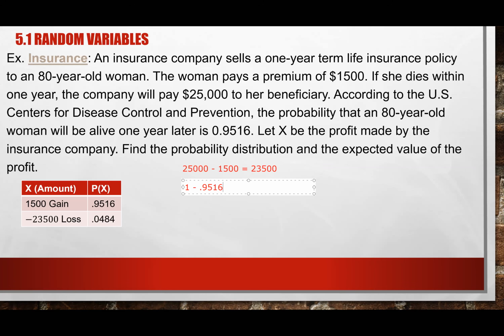As you can see, the probability that she dies within this year and does not make it to her 81st birthday is 0.0484. Remember, in a probability distribution the total probability has to equal 1. So the probability of still being alive within 1 year is this much, and the probability of dying within 1 year is this much.